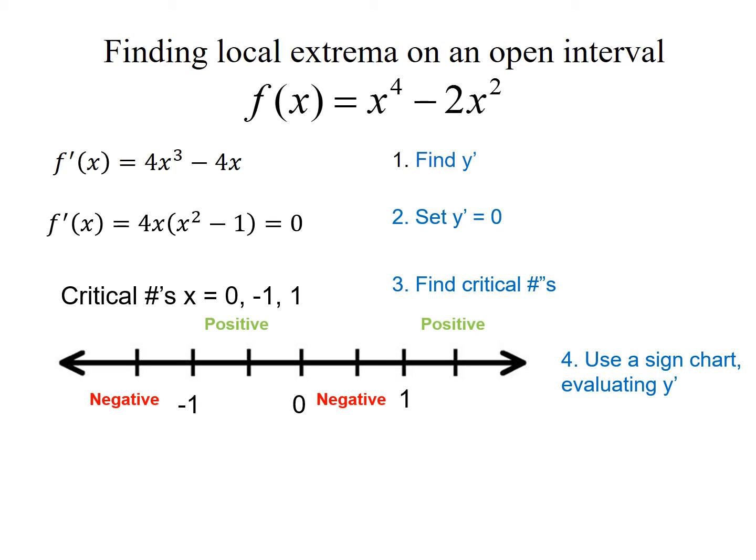When my derivative is negative, that means that my original function was decreasing. So when my derivative is negative, that means my original function looks sort of like this. It was negative, it was coming down.